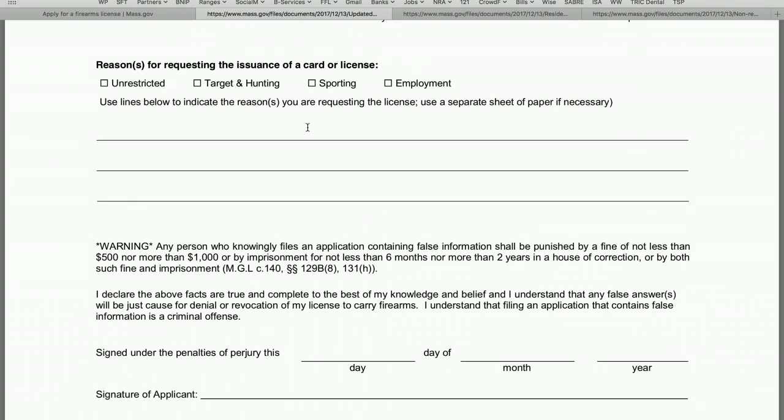The other thing, if you own your own business, so owning your own business is also another good reason for you to write down right here. But you want for all lawful purposes, all right? So you want personal protection outside the home. You want for all lawful purposes. If you carry large amounts of cash, if you own your own business, then those are the reasons that you want to write right here for carrying your firearm.